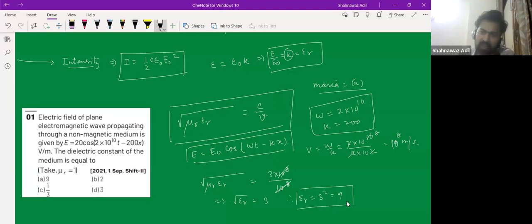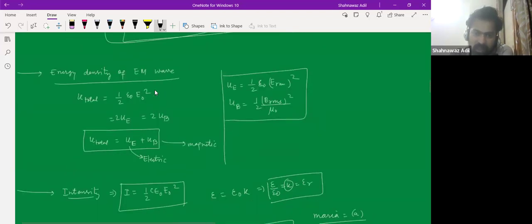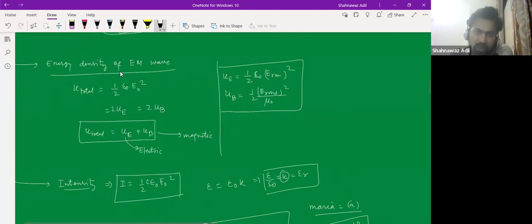Why didn't the rest of you guys do this problem? This was direct. Also remember, this is important to note down: the total energy density of the electromagnetic wave is half epsilon naught E naught square, and this is also equal to B naught square by mu naught, half B naught square by mu naught.